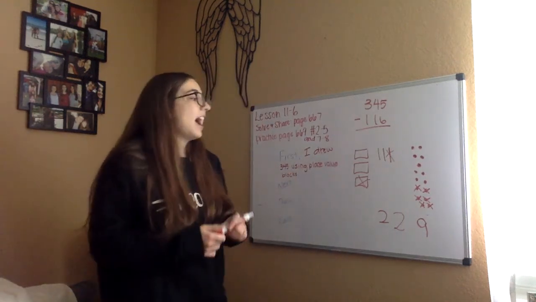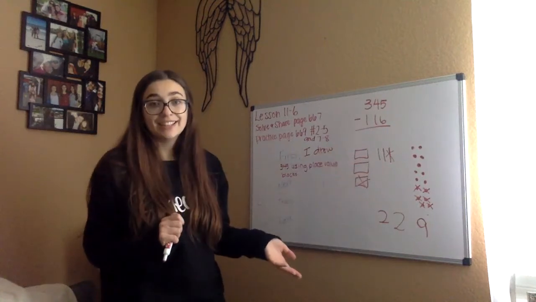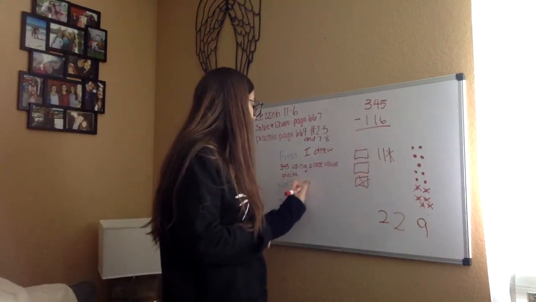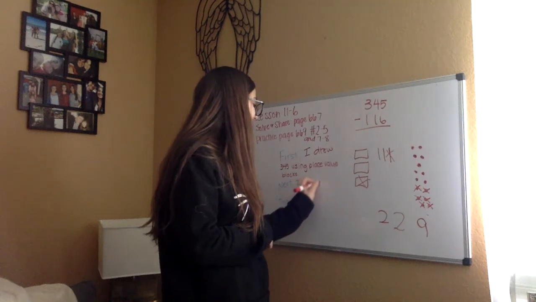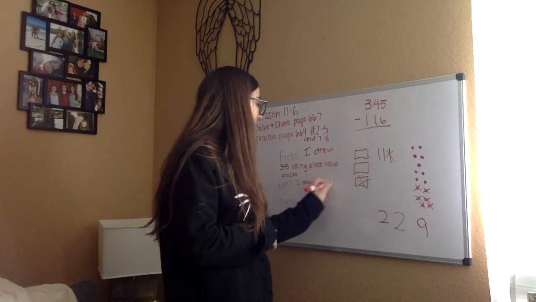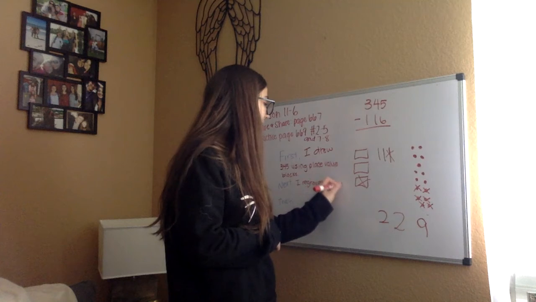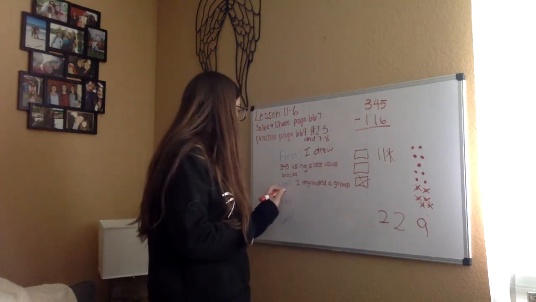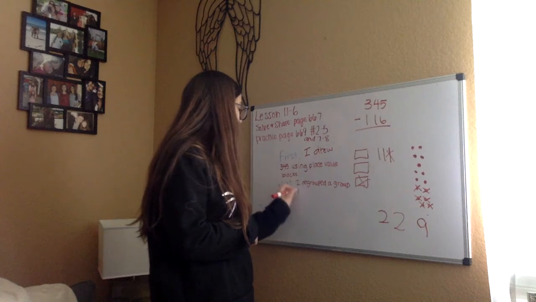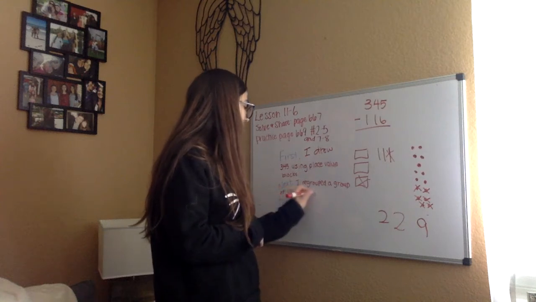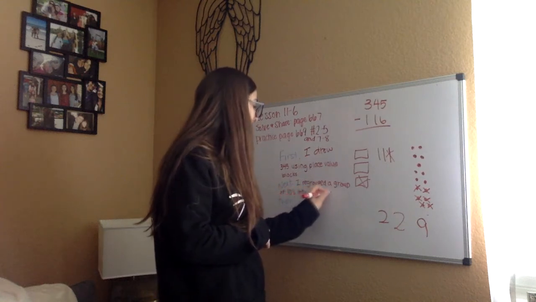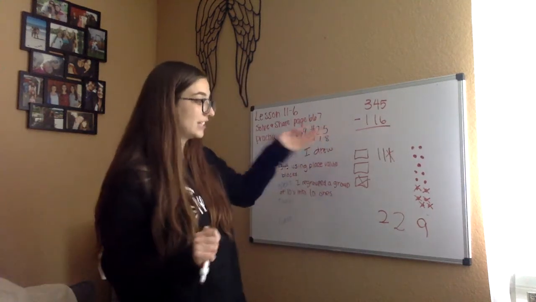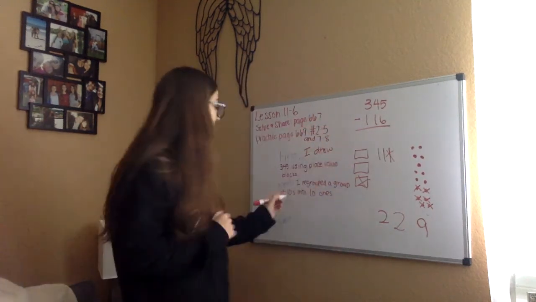Next, I had to regroup a group of 10 into 10 ones. I regrouped a 10 into 10 ones. And then I would say, then I subtracted 15 minus 6.